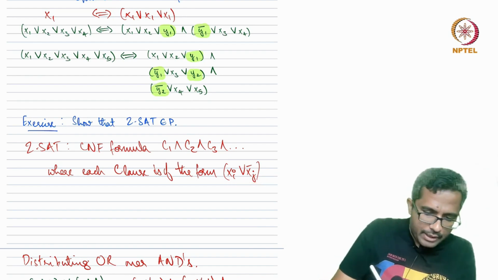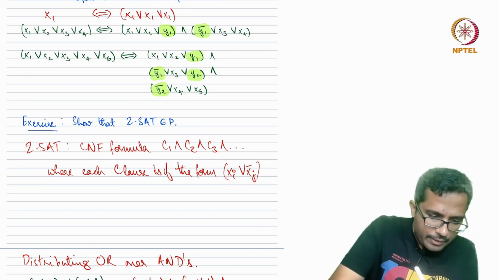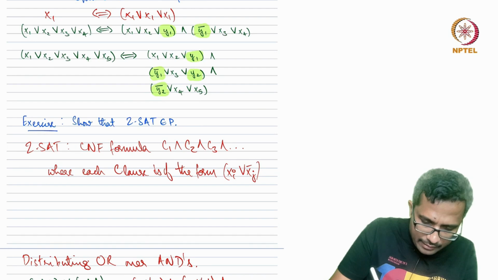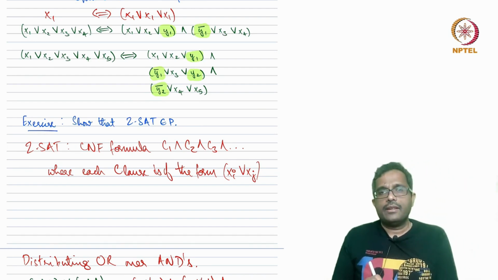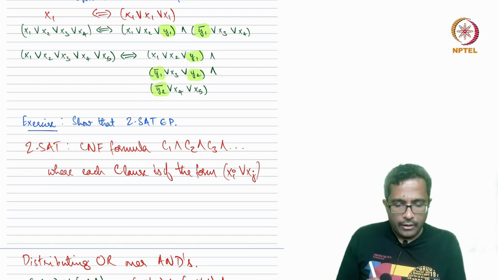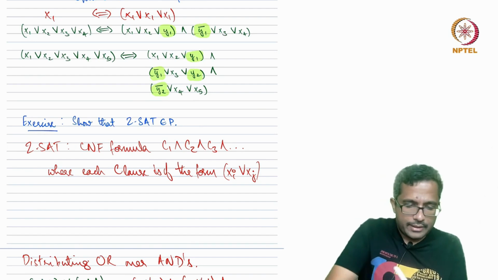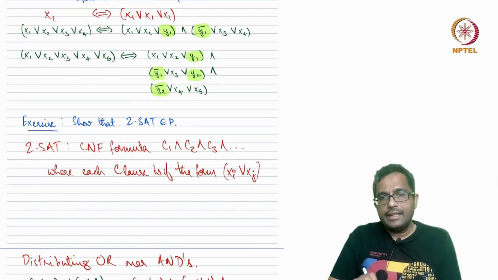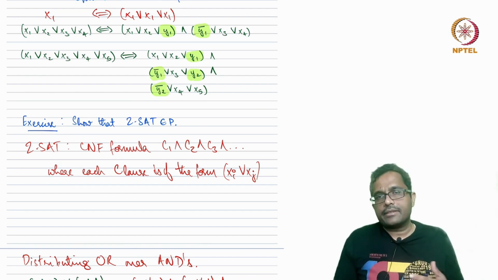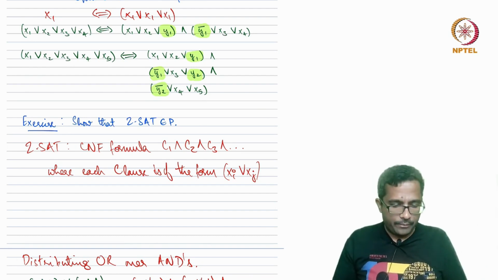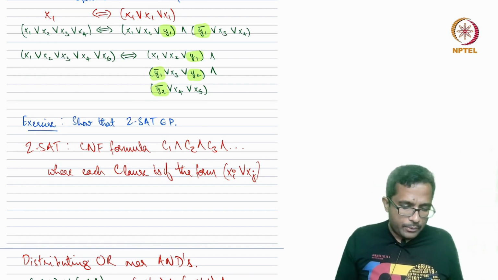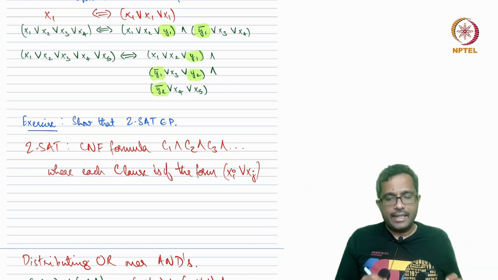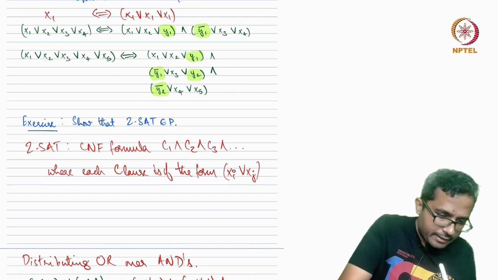Let's say, just for the sake of simplicity, I'll just take xi or xj. So it's like if xi is false, then xj has to be true, otherwise this will not be satisfied, right? So this can be viewed as implications, and that characterization helps us show that 2 SAT is in P. So I'll not get into the proof here, but the key idea is that every clause can be viewed as an implication. Maybe I'll write that idea down.